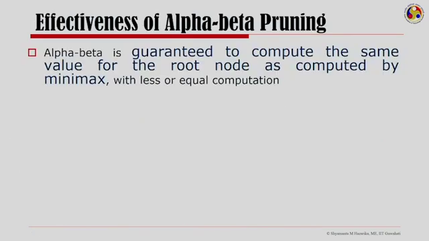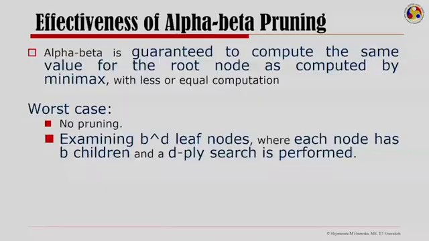Now the effectiveness of alpha beta pruning is guaranteed by the fact that it is guaranteed to compute the same value for the root node as computed by the minimax with less or equal computation. Worst case, if we do not have any pruning, we end up examining b to the power d leaf nodes, where each node has b children, and we are talking of a d-ply search.